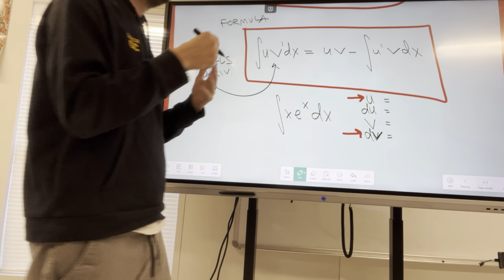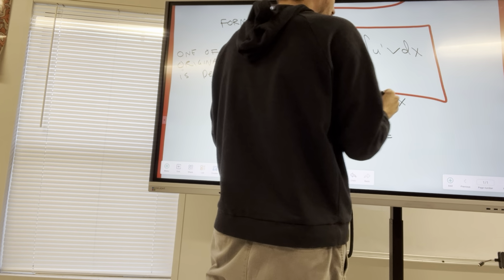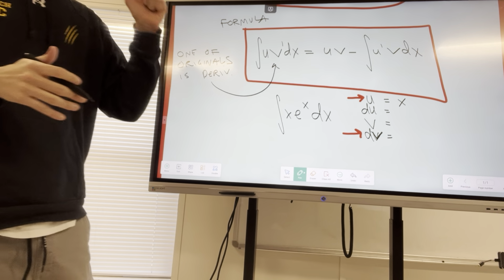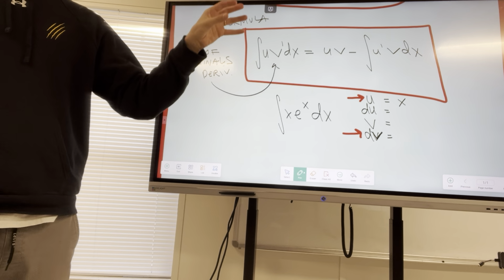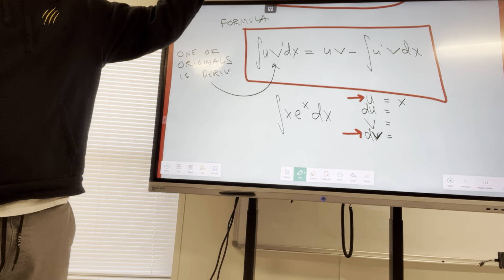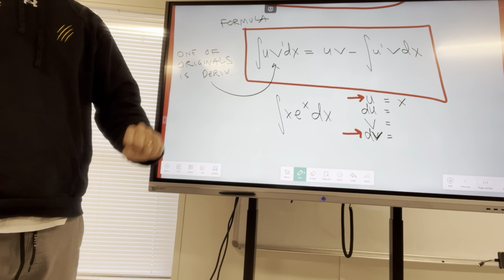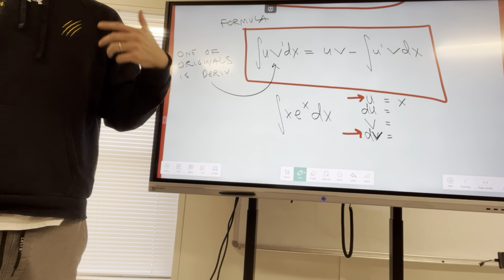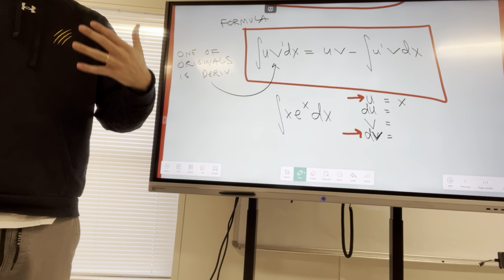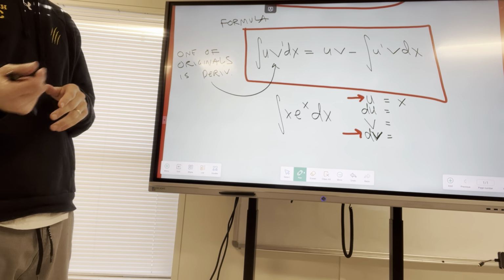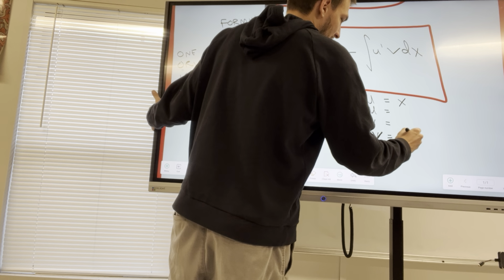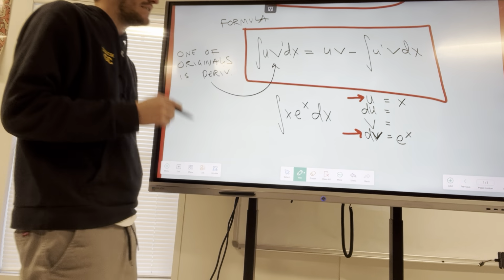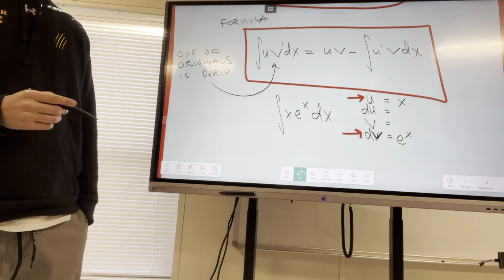The x. For the most part, we really like polynomials, x's, in that u position because they're going to degrade with a derivative. If we had chosen e to the x there, it's going to stick around and we're going to have more e to the x's than we started with. That means that our other piece, the e to the x, must be our dv.